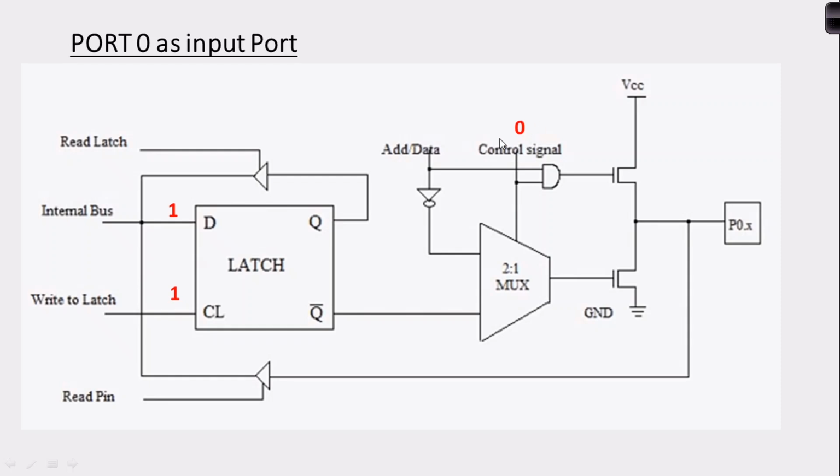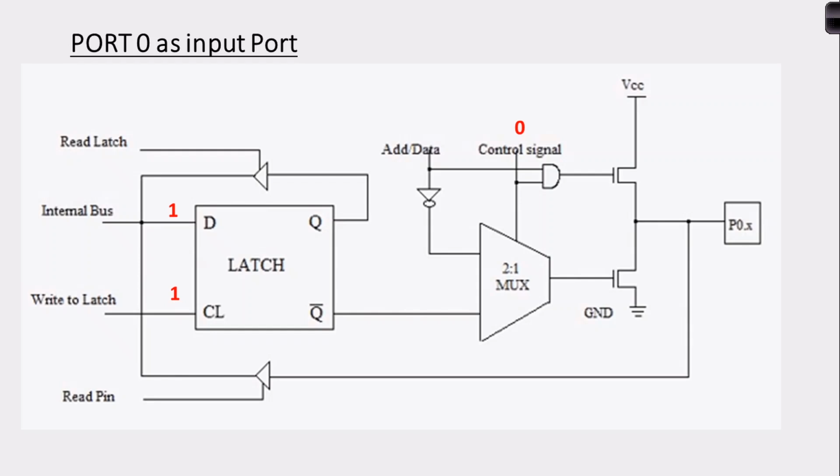That means I am using this port as an input output port, not as an address or data bus. Since I am using it as an input output port, my control signal will always be 0.